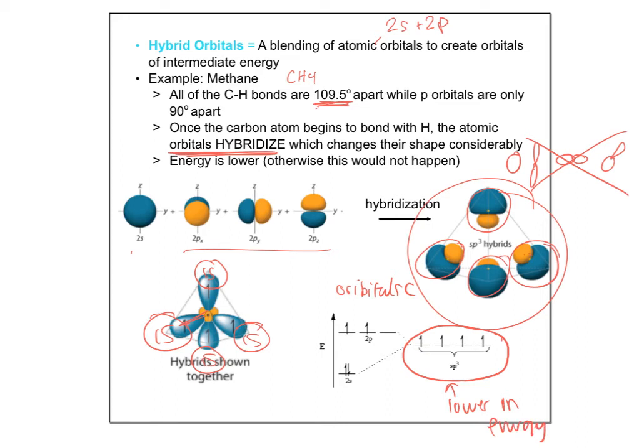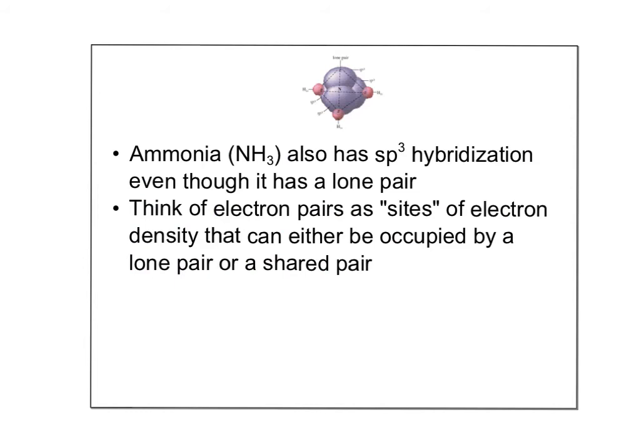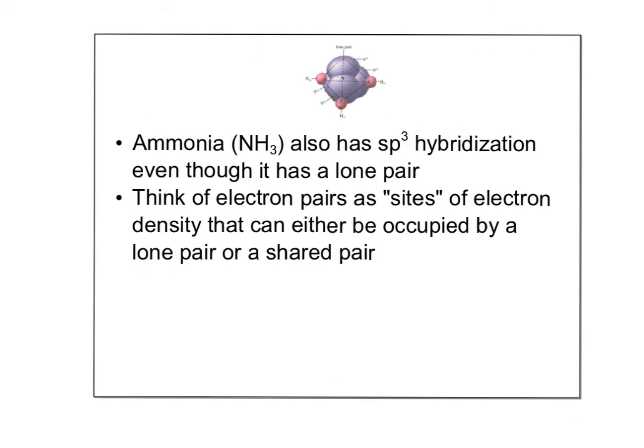We bring down the energy here, this one rises up a little, so we get this intermediate, all equal. All right, ammonia, NH3, which I can draw a quick Lewis structure, also uses hybridized orbitals to bond. It has a lone pair, so you can have hybridized orbitals even if there are lone pairs.